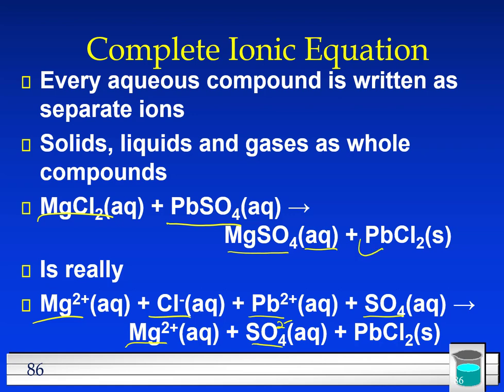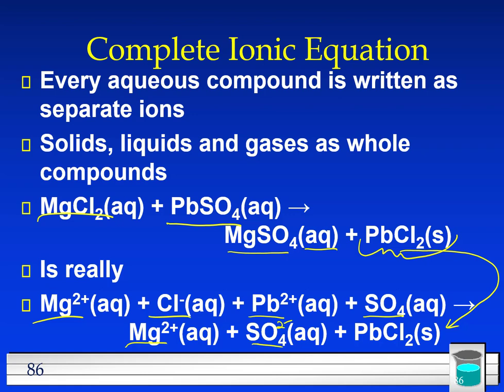But PbCl2 was a solid, so it's not separated. The solids are shown together. So all I did was take MgCl2 and said, what ions are in MgCl2? Well, Mg's a 2 plus, Cl's a 1 minus.